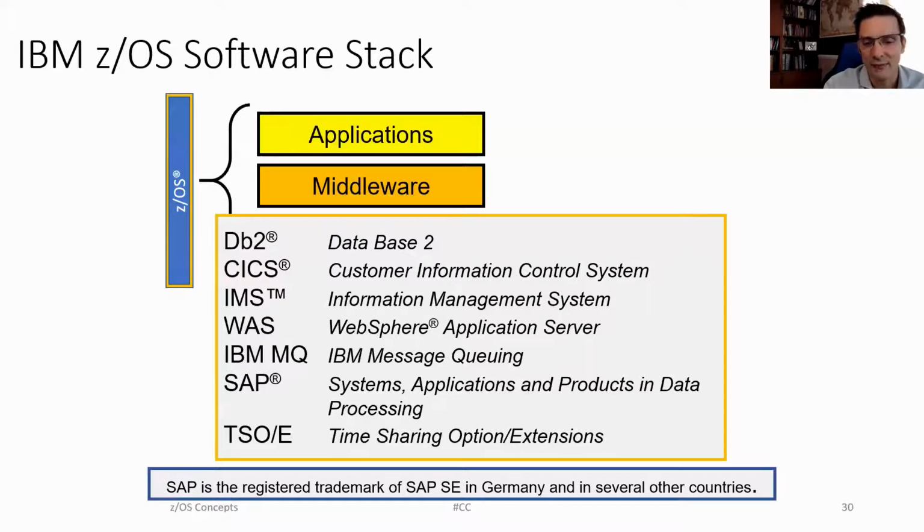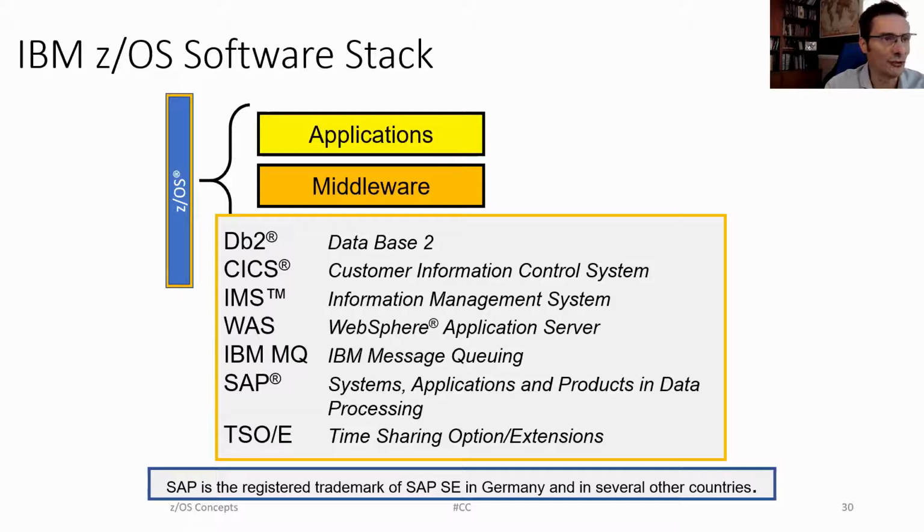So the flagship relational database on the mainframe is a database called DB2, where there's also CICS transaction server, which provides a framework to run applications very easily on the system, and lots of transactions run inside of that, as well as IMS. You have WebSphere application server.